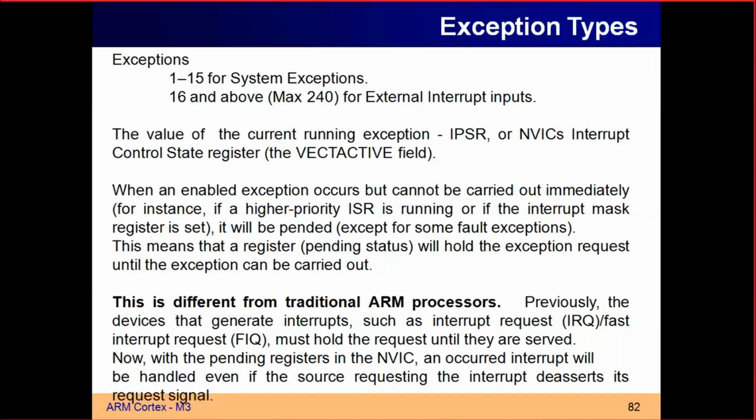Because it has high priority. So if the next priority interrupt comes, it will be kept in pending state, unless some exceptional fault conditions occur, like non-maskable interrupt, reset, etc. Other than those, all the other interrupts will be kept in the pended state.